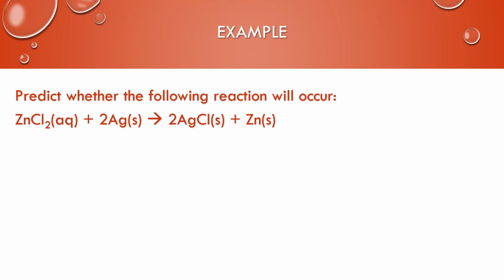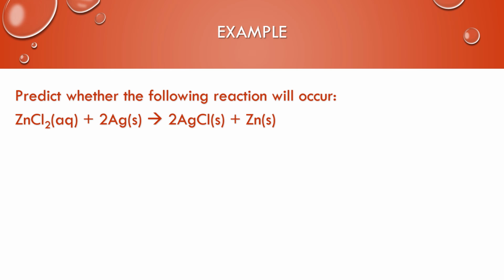So now let's look at a couple examples. We want to predict whether the following reaction will occur. We've got our zinc chloride with silver, forming silver chloride and zinc. So you'd need to use an activity series, or in this case you could use, if you have the data booklet, the standard reduction potentials in section 19.